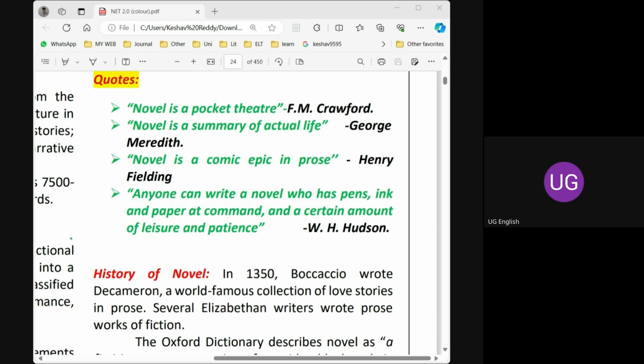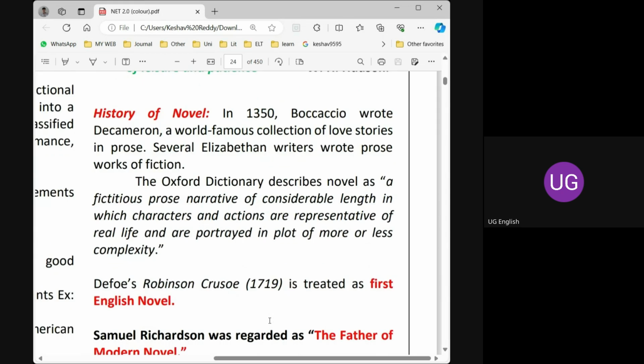So without any disturbance, without any other work, with some leisure and some patience, she can write fiction. So a very important work, and we will discuss it in feminist criticism.